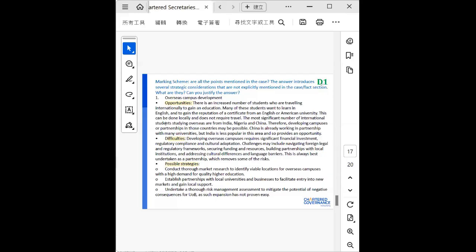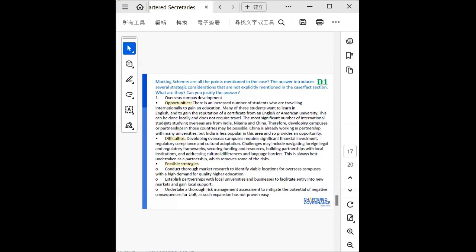But if you want to establish an overseas campus, it involves a lot of money, and you don't have enough money, so there's a difficulty mentioned in the question. Staff may be resistant to relocations or international assignments.